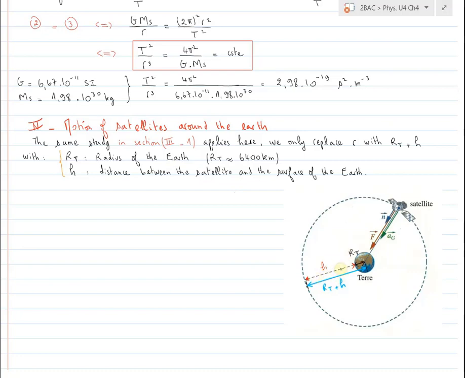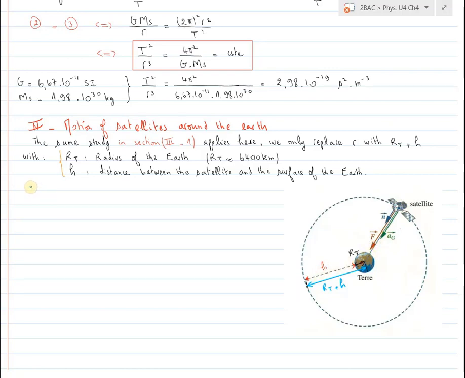As can be seen in this picture, R in the previous study is to be replaced with R_T plus H, R_T being the radius of the Earth and H being the elevation, or the distance between the satellite and the surface of the Earth.